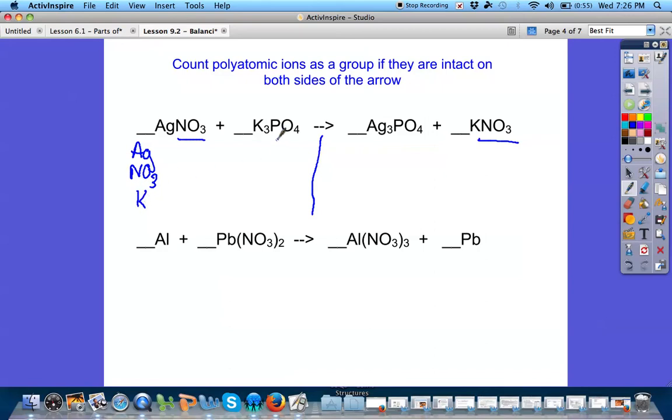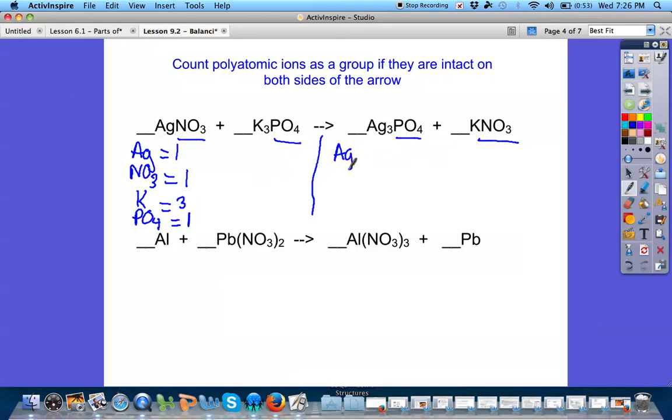and then we have phosphate. Well, we have phosphate in our reactants, and we have it in our products. So we can count that as 1 unit. So we have 1 silver and 1 nitrate in our reactants. We have 3 potassium and 1 phosphate.